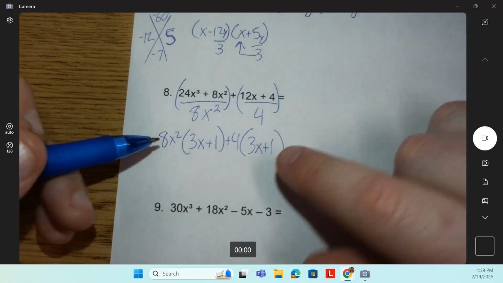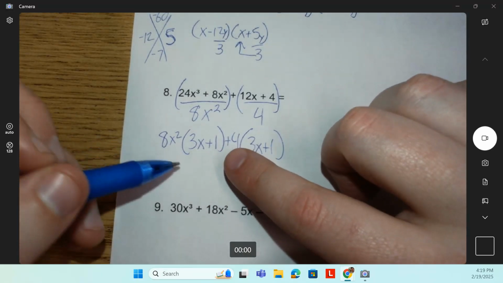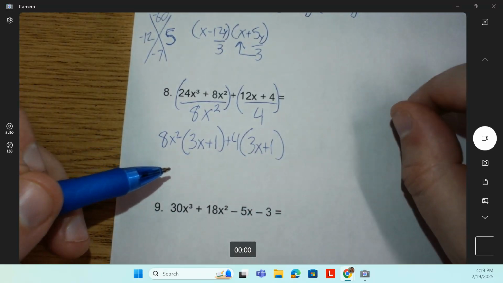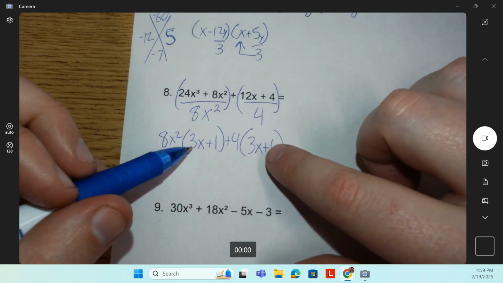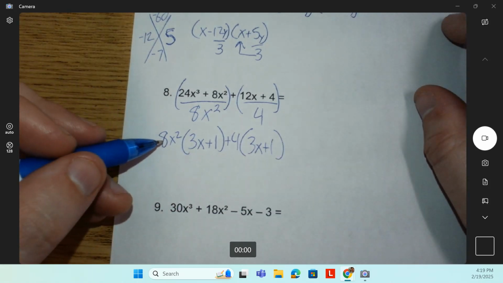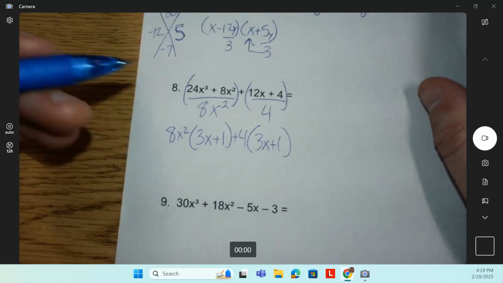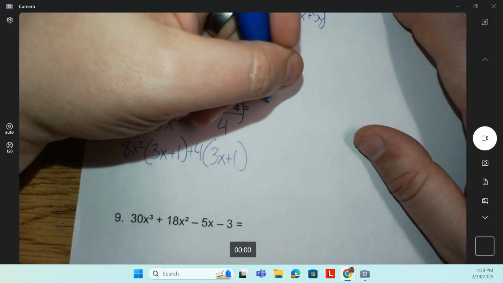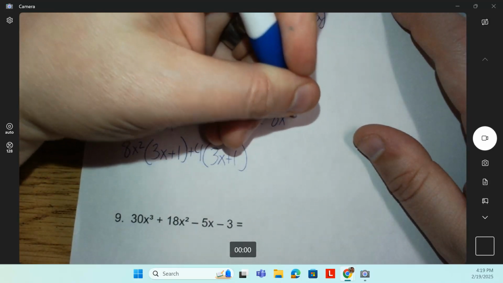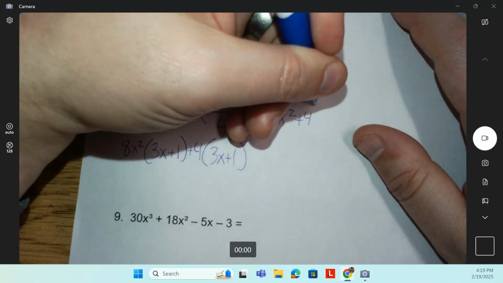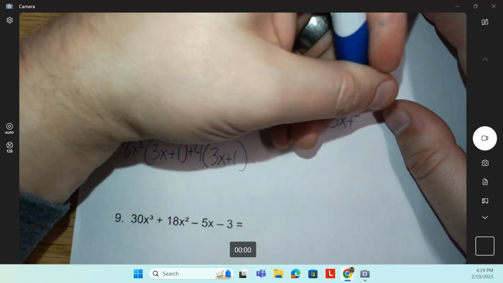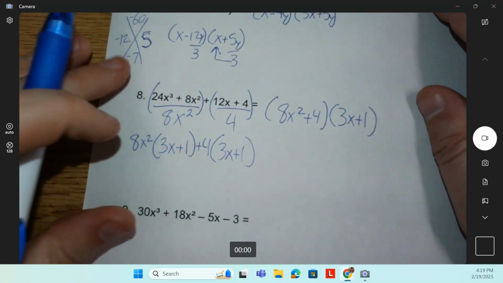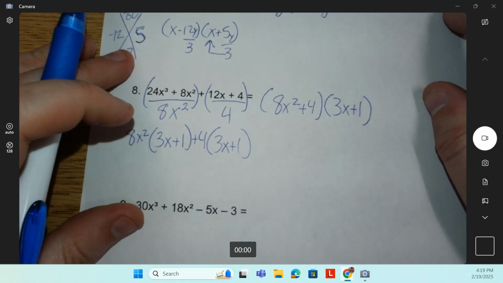And so I have these two terms both multiplied by 3x plus 1. So when we do that, we can combine the 3x plus 1s and say they're multiplied by this plus that. So I would write it as 8x squared plus 4 times 3x plus 1. And those would be my two terms.